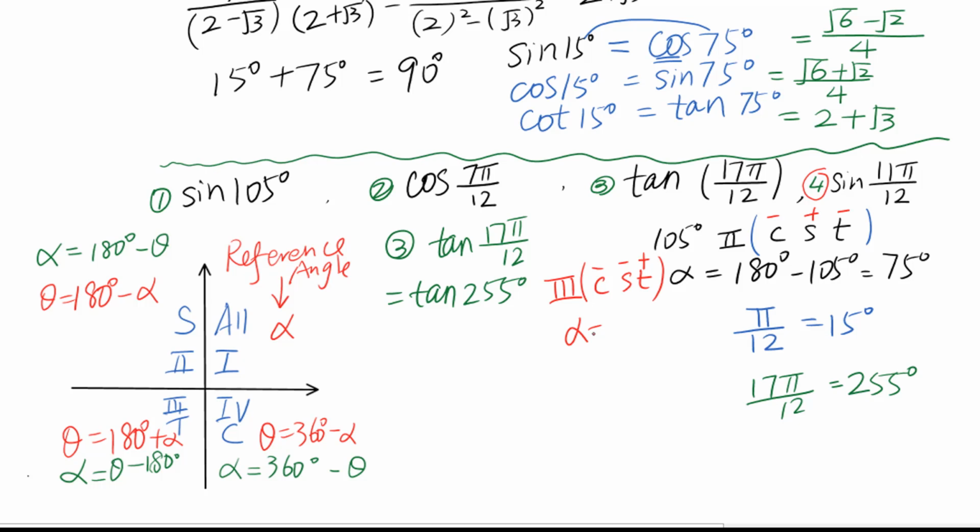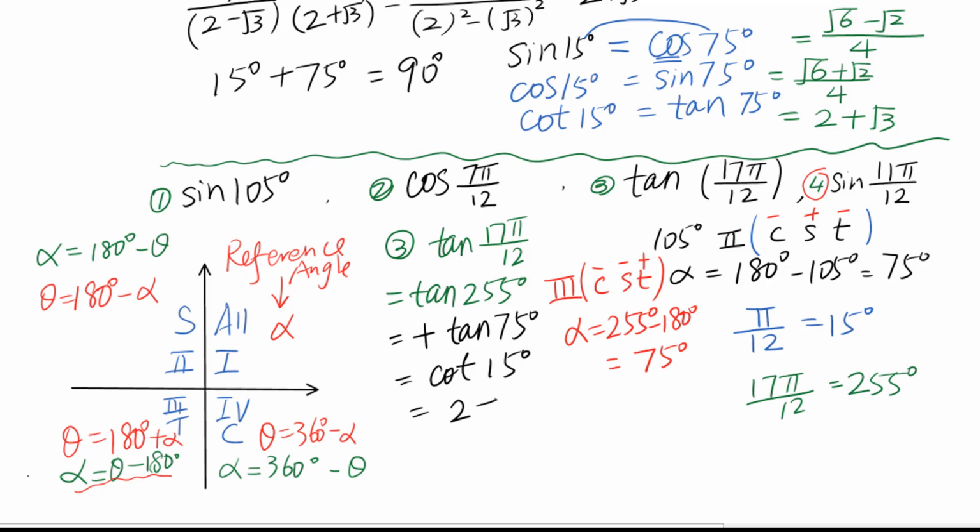Reference angle equals 255 degree minus 180 degree. Using this formula, you will get 75 degree. In other words, tangent 255 degree equals positive tangent 75 degree. Tangent 75 degree equals cotangent 15 degree. For cotangent 15 degree, we already know that is 2 plus square root of 3.